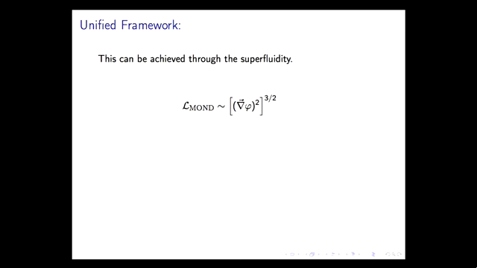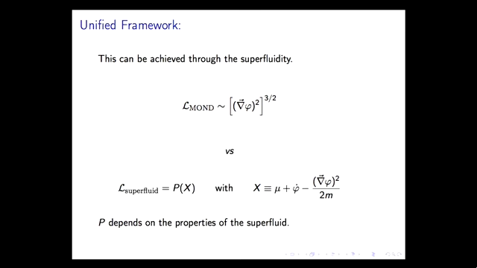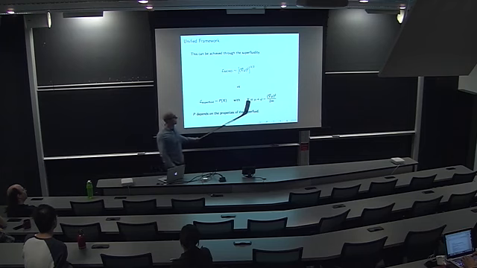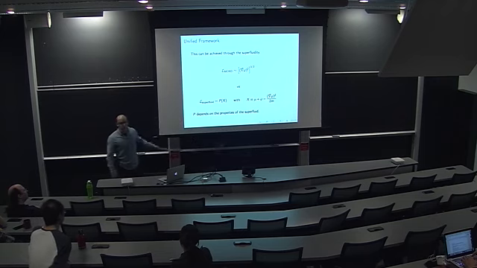So we should compare this to the low-energy effective theory of superfluids. Usually, in superfluids at low energies, the only relevant degrees of freedom are collective excitations. In a certain class of superfluids, there is always one massless excitation, called the phonon, whose effective theory is governed by this P of X theory, where X is given by this, mu is the chemical potential and phi is the phonon field.